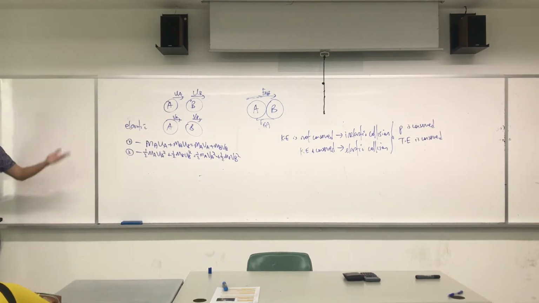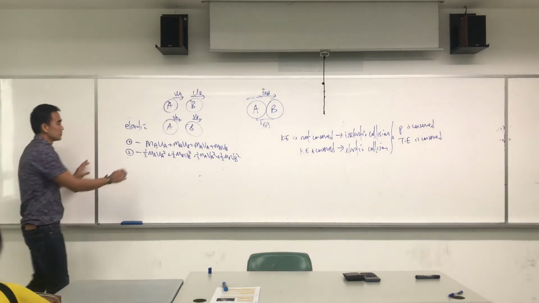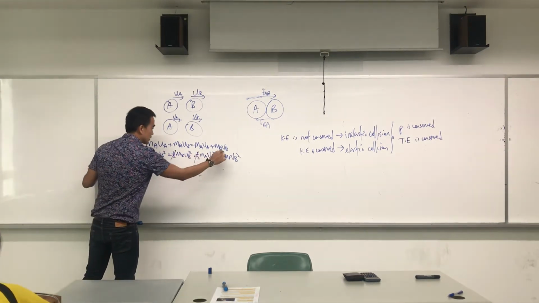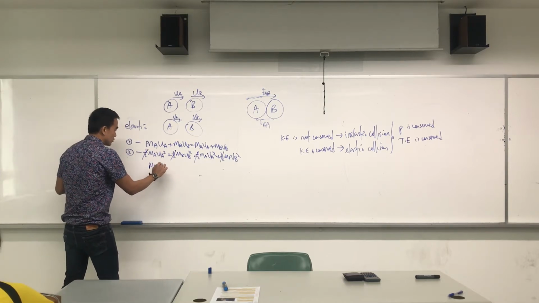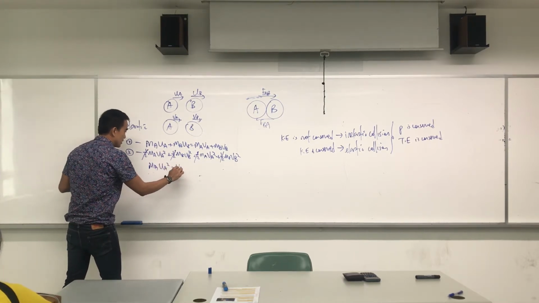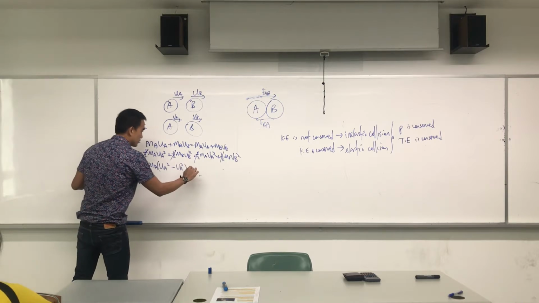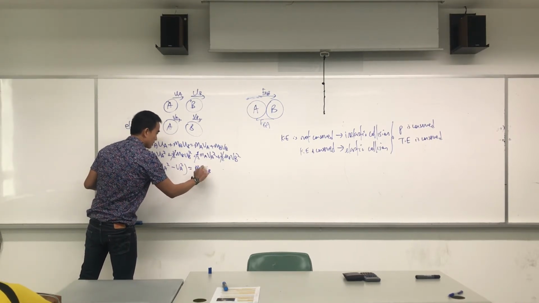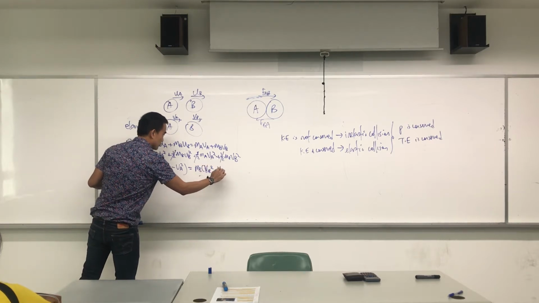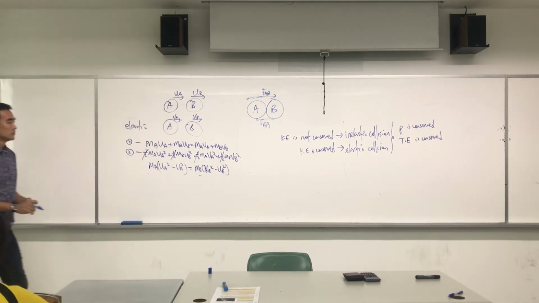Okay, elastic, energy is KE. So for this one, simplify. Now I'm going to do some manipulation. ma times (ua squared minus va squared) equals mb times (vb squared minus ub squared). Okay?